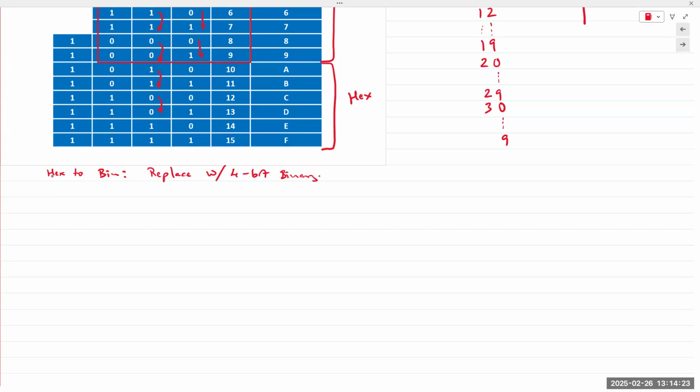I'll explain with an example. Let's say we have F3A.2 in hexadecimal, and we wish to convert this to binary. We simply take each digit of this hex number and represent it with its 4-digit binary number.